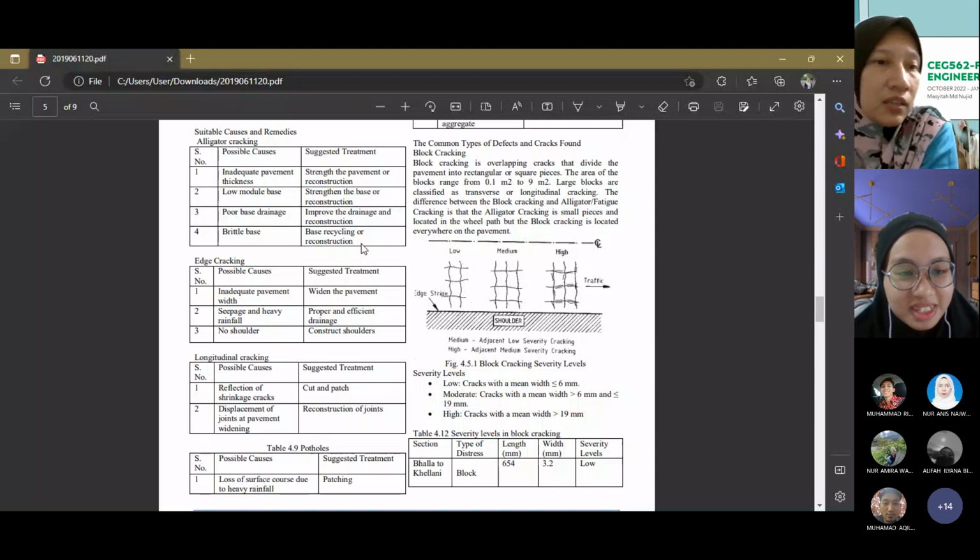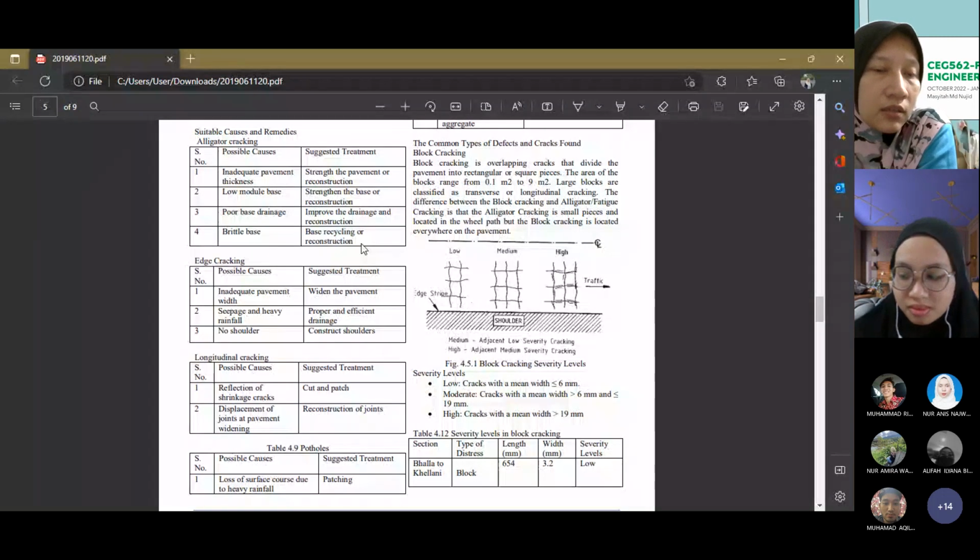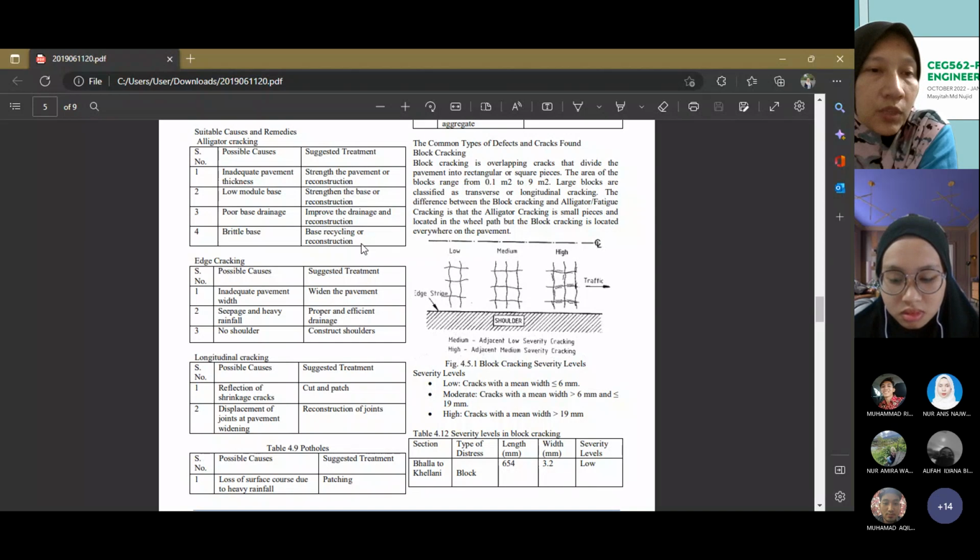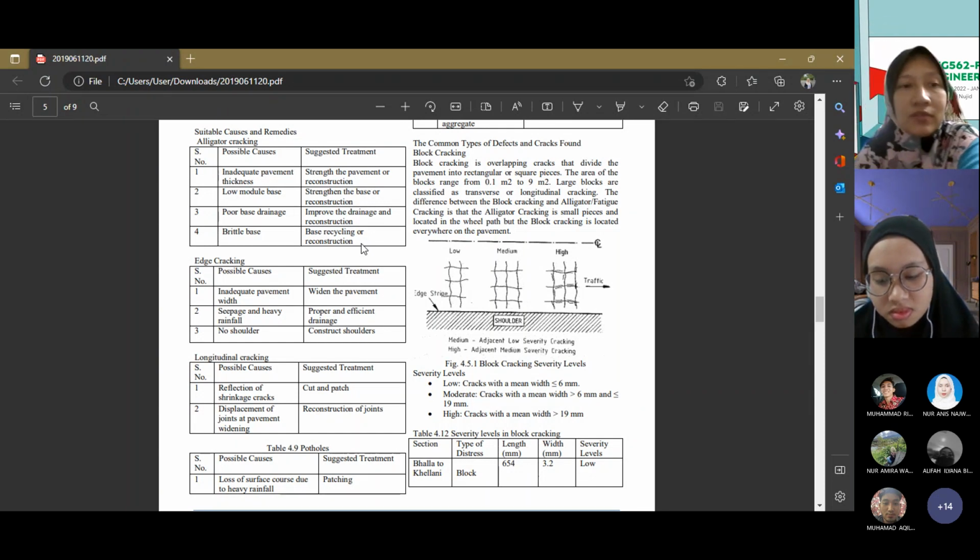How can we say the alligator cracking is due to the low modulus base? Is there any theory to support this kind of failures? What does it mean by having the low modulus base can cause the alligator cracking? And what is the best modulus base value to prevent alligator cracks? Can you relate any theory or concept? Any group mates would like to share and answer the question?